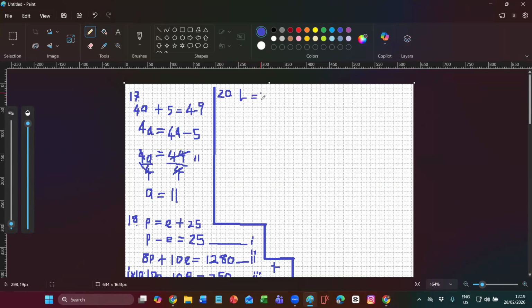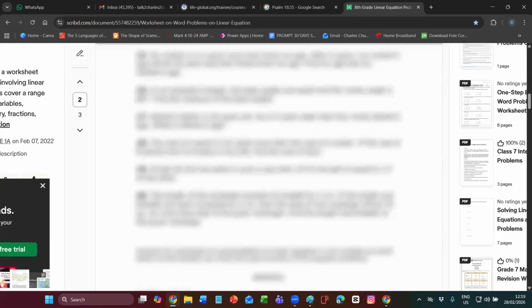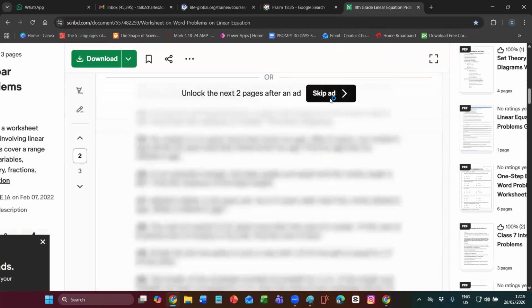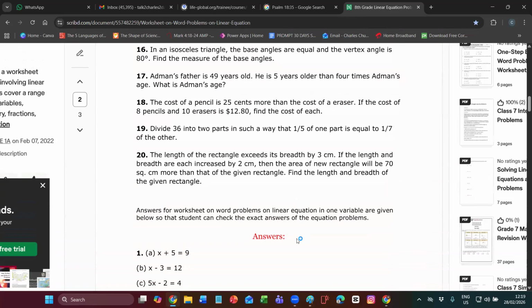Okay, so let's now head for the real thing, the meat of the sausage. This is the real deal. Next, what are we going to do next?